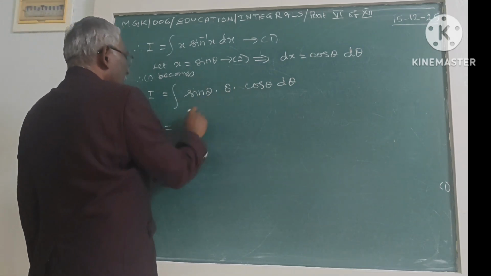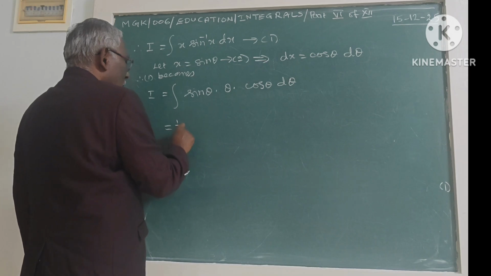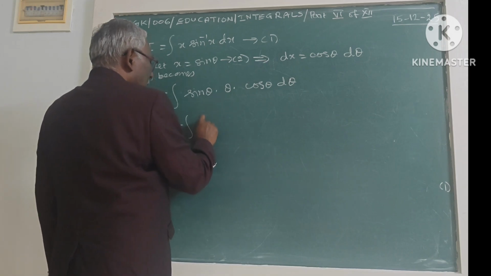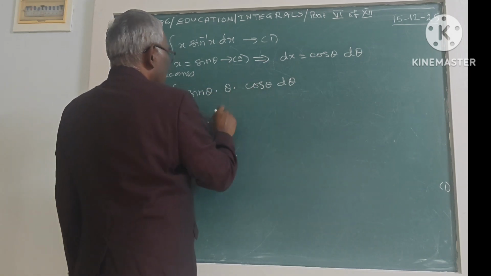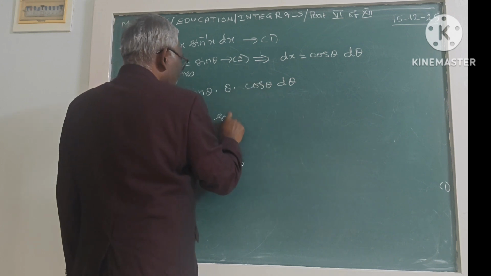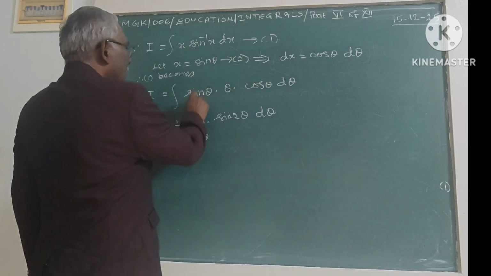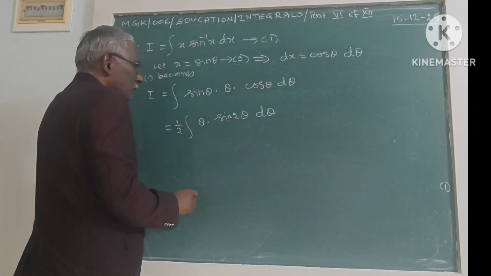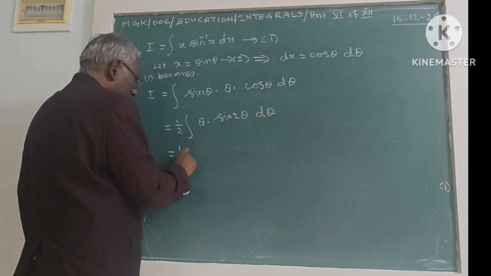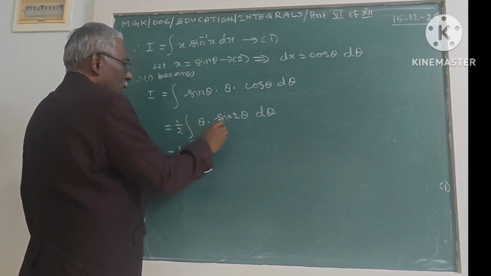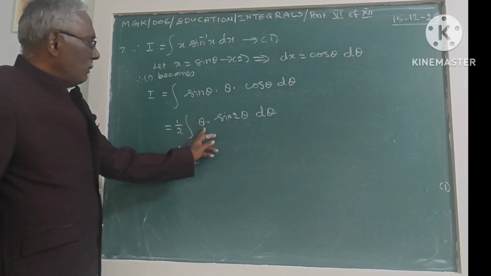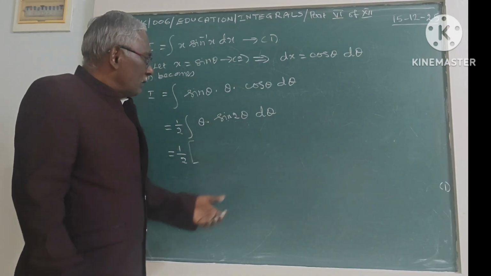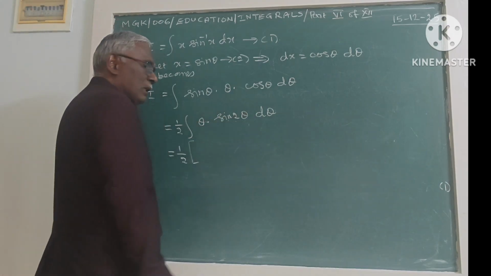So we can multiply and divide by 2, 1 by 2 times integral theta, this becomes 2 sine theta cos theta, sine 2 theta. Sine theta cos theta is sine 2 theta. Now integration by parts. Out of this one we have to integrate. So we can integrate sine 2 theta.